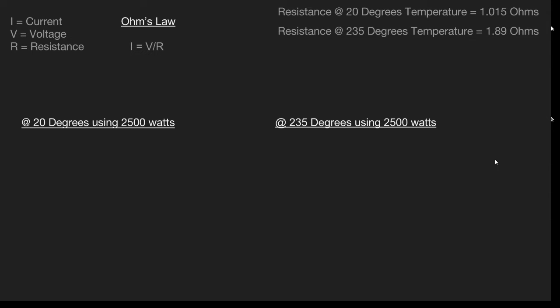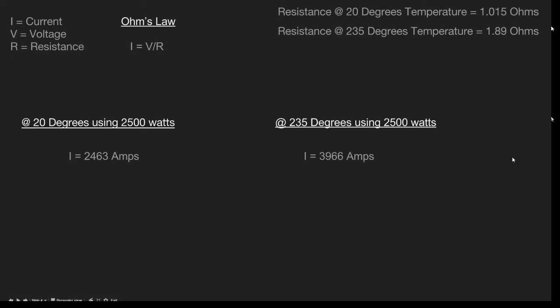So when you plug that all in, you're going to end up with 2,463 amps at room temperature, and then 3,966 amps at 235 degrees.